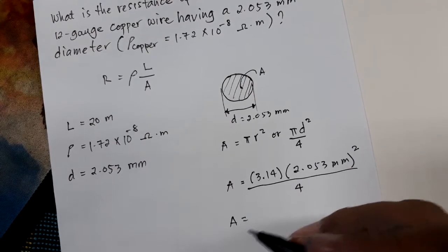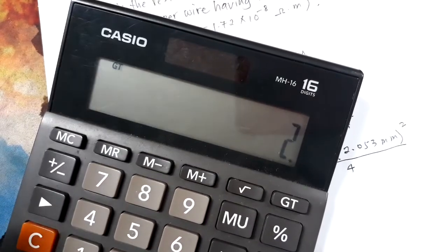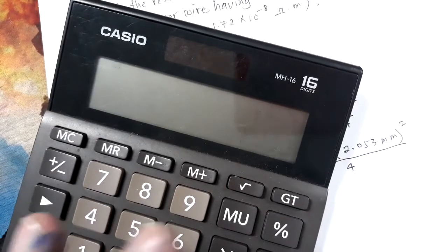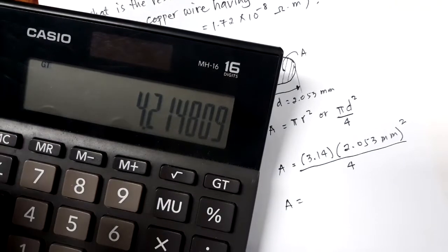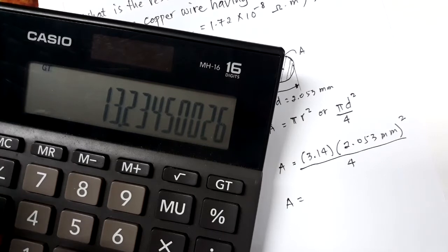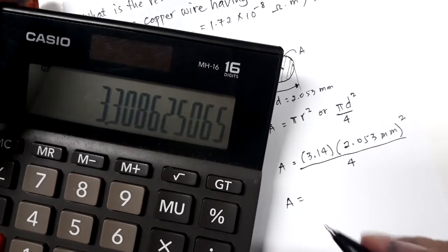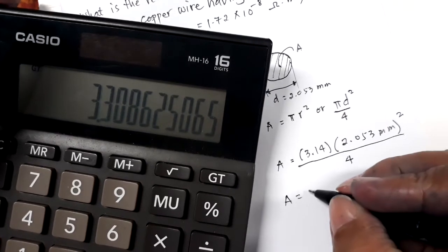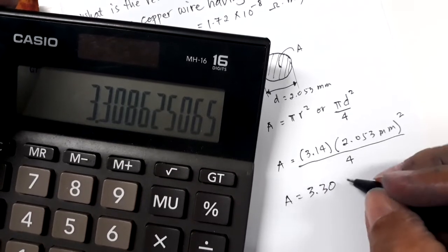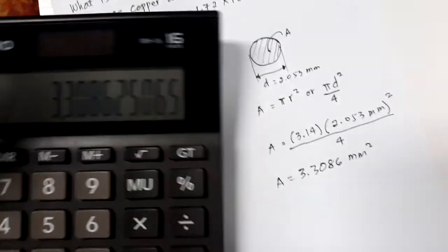So 2.053 times 2.053 is equal to 4.2, times 3.14, then divided by 4, equals 3.3086 mm squared. So that is the area now.